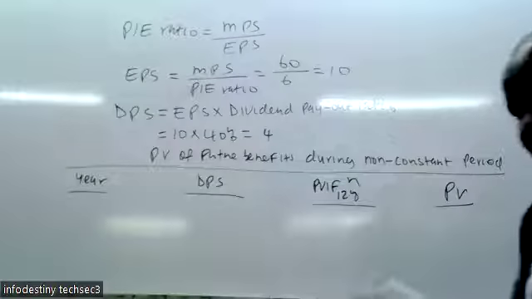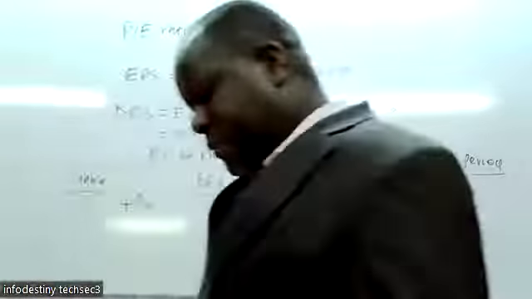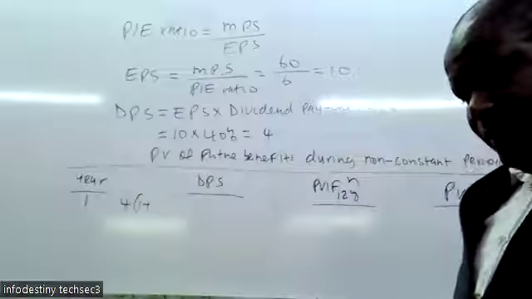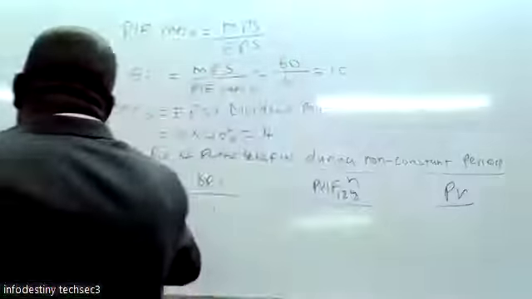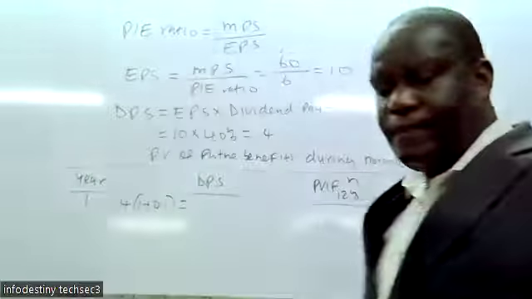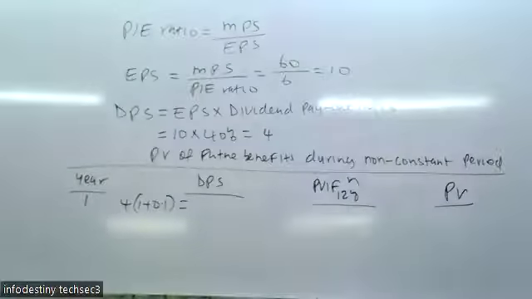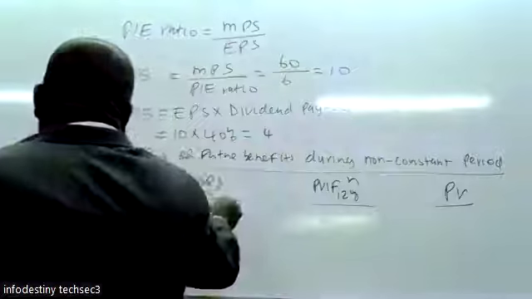So you start off with year one. Dividend per share is 4. It was meant to grow at what rate? It is 10% for the first 3 years, that is the same as 0.1. So 4.4.